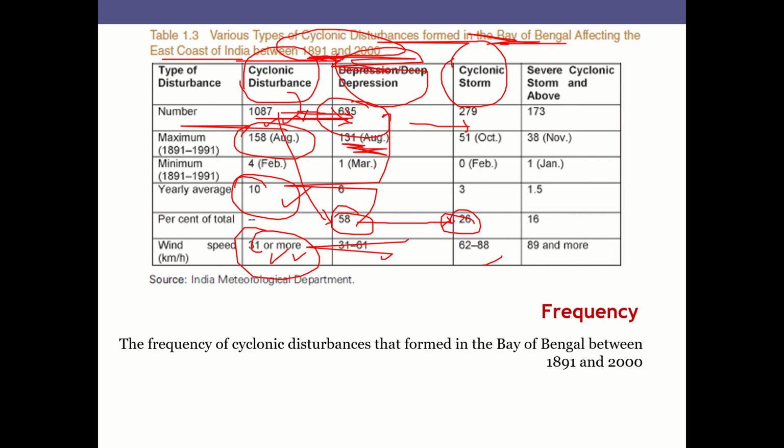This is the statistical information based on the number of events that have occurred. This cyclone has actually formed into severe cyclone, which has a more devastating impact. About 16% of the total disturbances observed yearly have actually turned into severe cyclones.